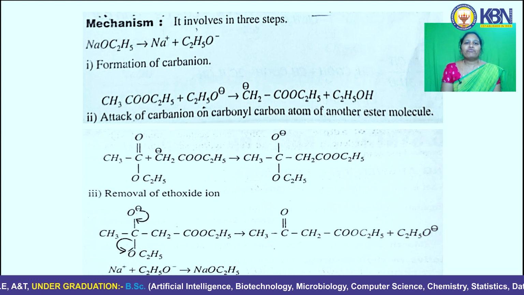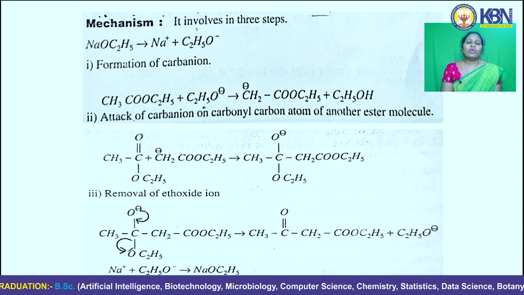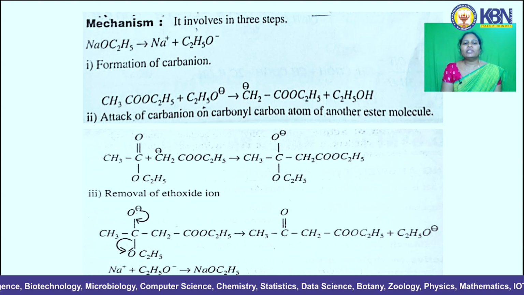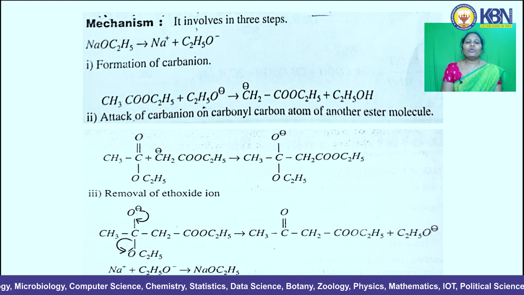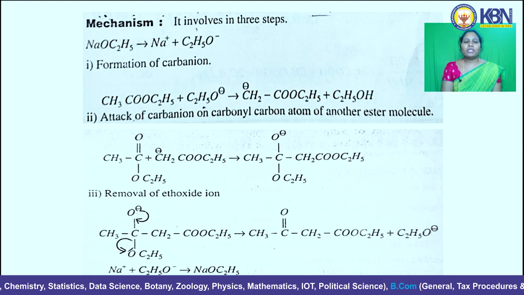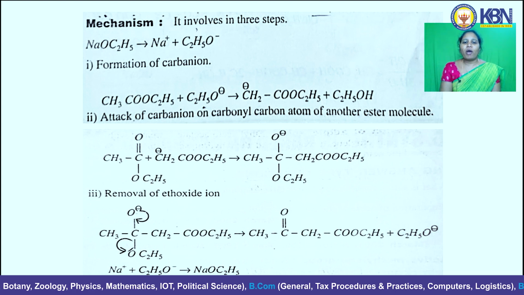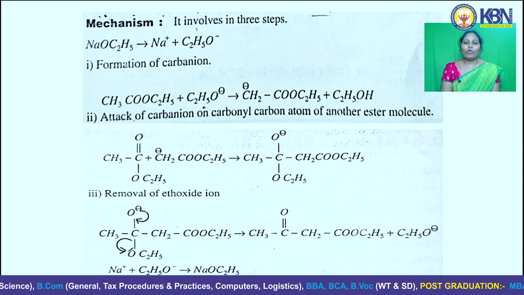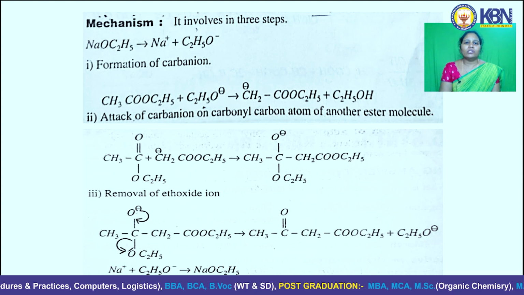For the preparation of active methylene compounds, we use the Claisen condensation. In Claisen condensation, two ester molecules undergo condensation reaction in the presence of strong base and alcohol, resulting in the formation of a beta keto ester, which is an active methylene compound. So this reaction is called a Claisen ester condensation.